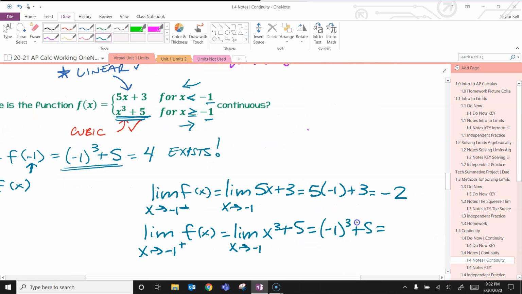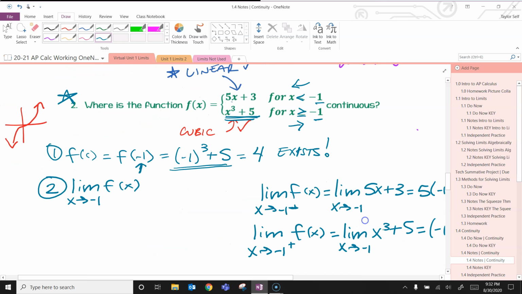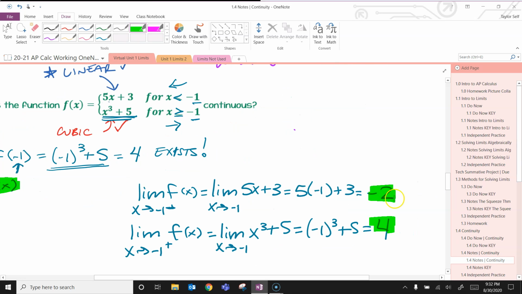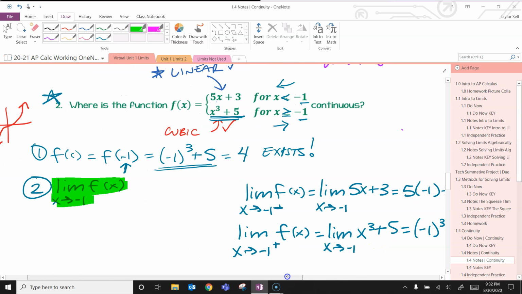Okay, cool. Why are we doing this again? We're trying to check, does the general limit exist? Does the general limit as x approaches -1 of f exist? For that general limit to exist, these numbers have to be the same. So no, the general limit does not exist. So here's what we're going to say.